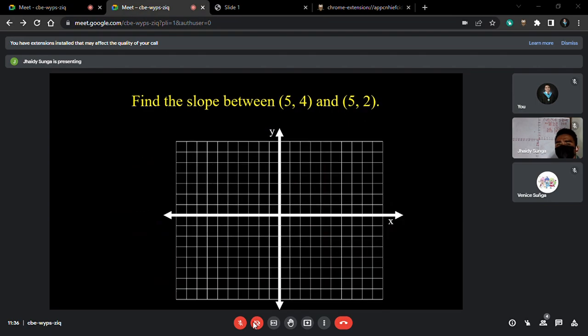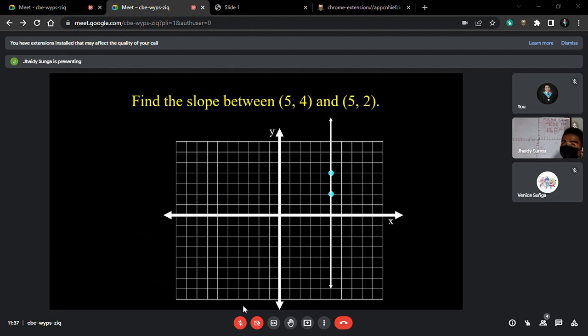If we check on it, the coordinates of 5, 4 are here, and the coordinates of 5, 2 are here. Is it going to be a slope? Of course not. It's just a vertical line, there is no slope.